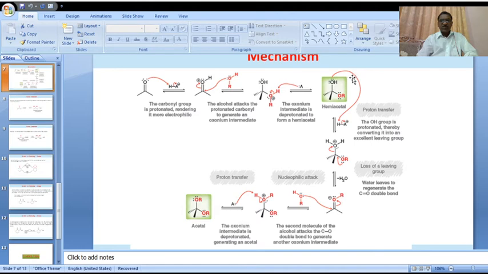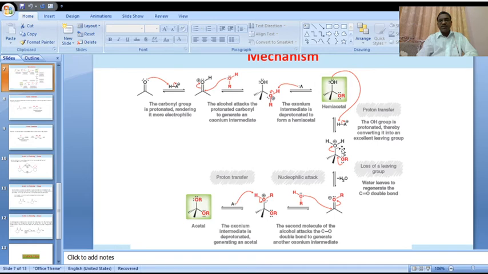After transfer of a proton from the acid, it becomes a good leaving group and can leave very easily as a water molecule.